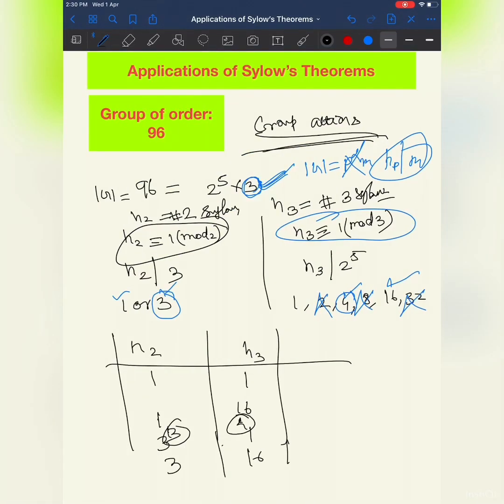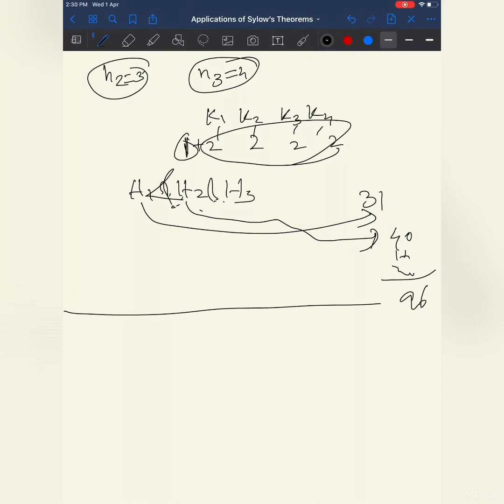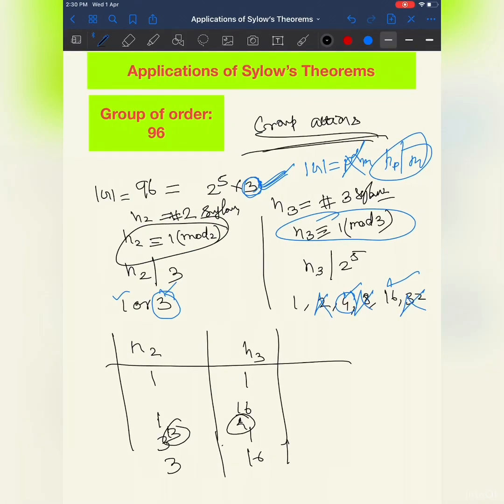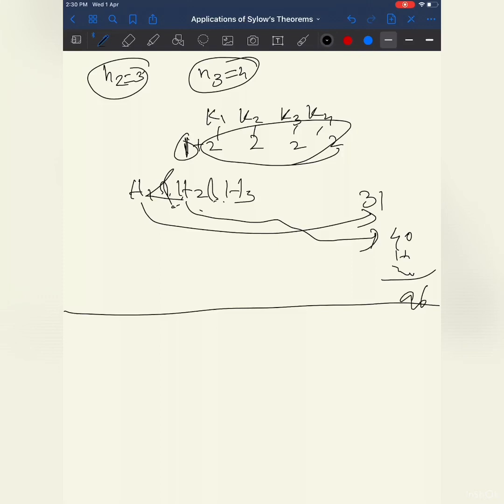So we have to get a new idea to tackle this kind of question, and that new idea is the group action method. You see where the problem first started. The problem here is we have 3 possibilities, so we don't want to do anything, but here we have 1 possibility. Suppose n2 is equal to 3, that means let X be the set of 2 Sylow subgroups h1, h2, h3.